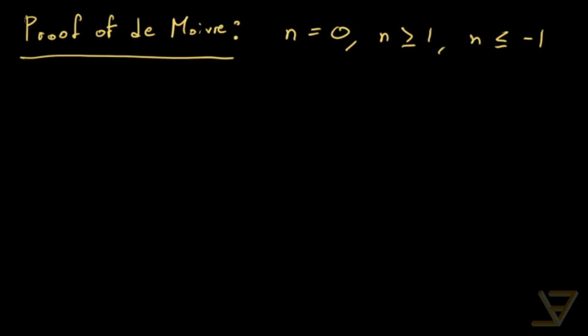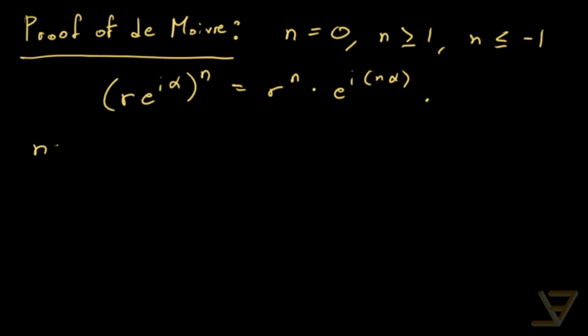So just as a reminder, what we're trying to prove is that (r e to the i alpha) to the power of n is equal to r to the n times e to the i n alpha.